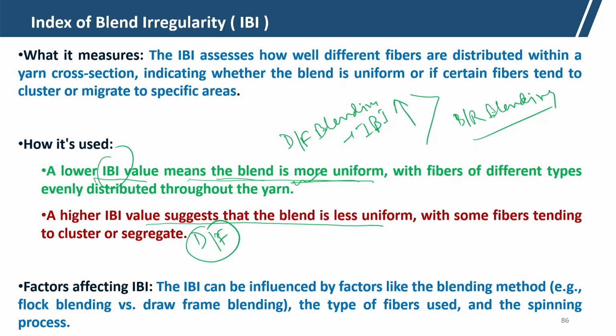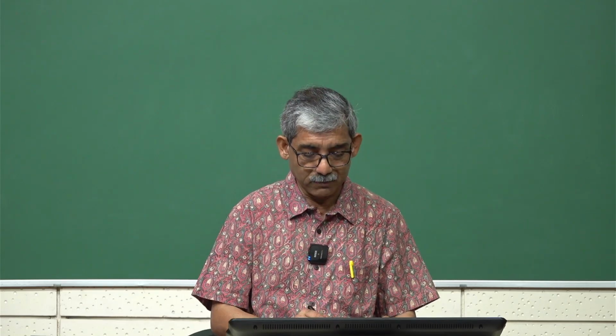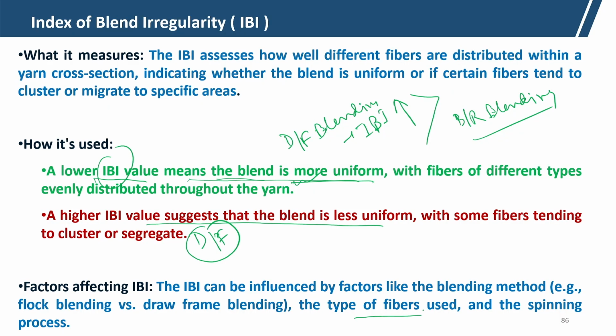There is also the crimp of the fiber. If the crimp is too high or too low, as we mentioned in the last class, this will form clusters, and cluster formation means the IBI value will be high. So, for those types of fiber, proper crimp is to be set.